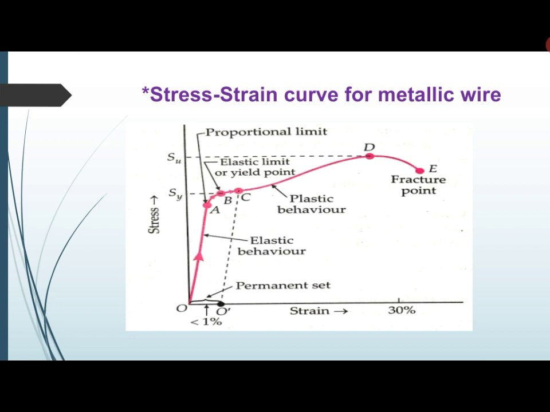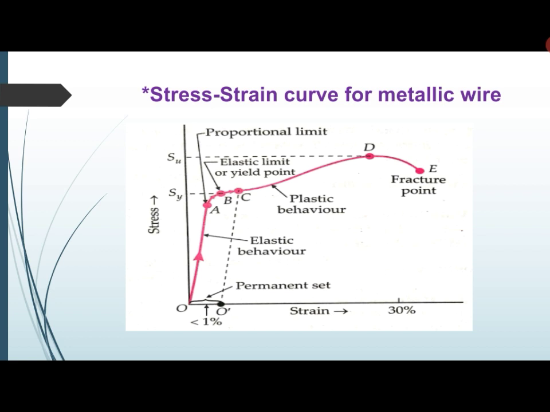You can see from the graph, when the strain is small, that is less than 1%, the initial part OA of the graph is a straight line, showing that stress is directly proportional to strain, and the wire is obeying Hooke's law up to the point A. This point A is called the proportional limit, where the stress is proportional to the strain.